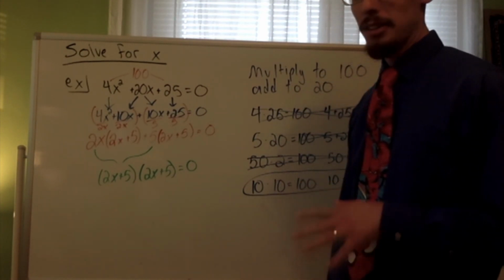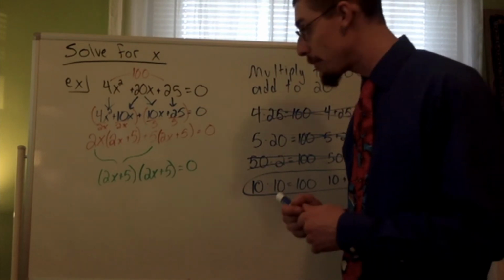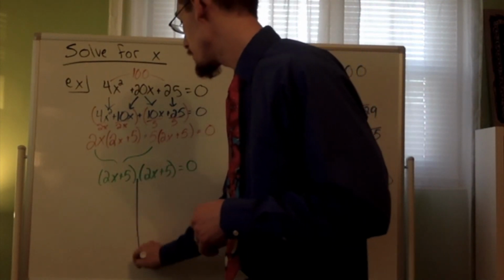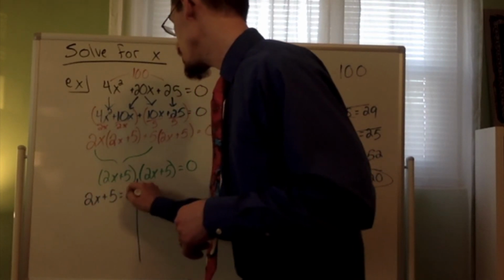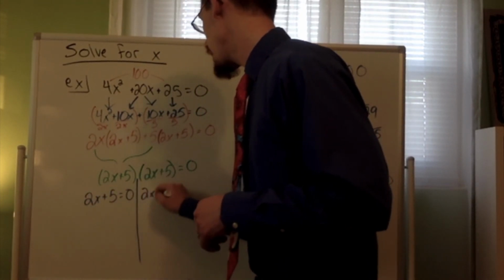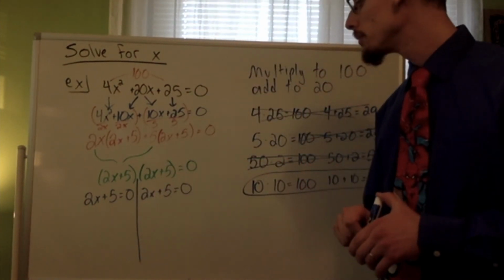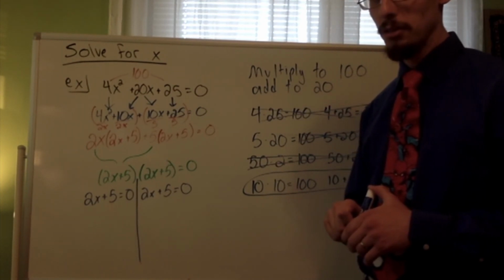The last step is to actually solve it, right? This is where I'm splitting it up and saying 2x plus 5 equals 0 or 2x plus 5 equals 0. Do you notice that those are the same equations?